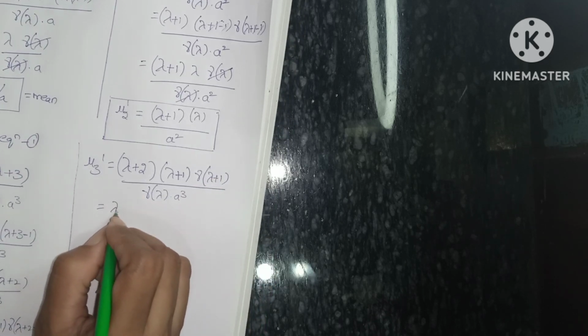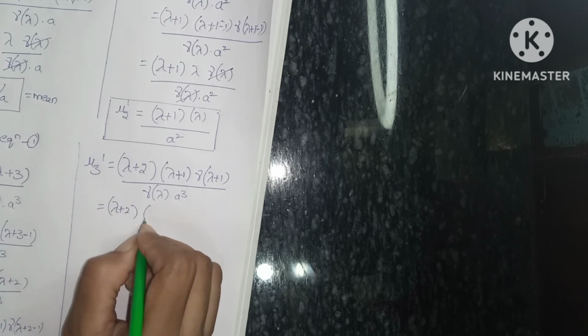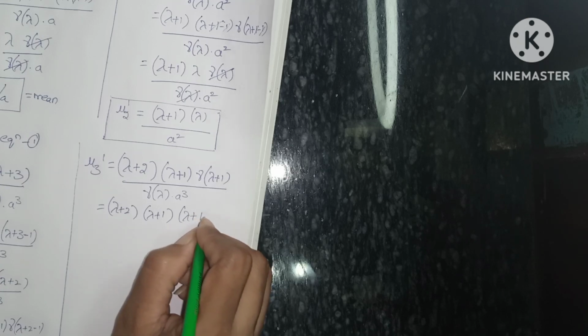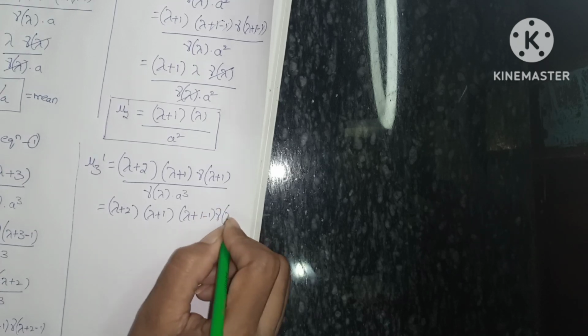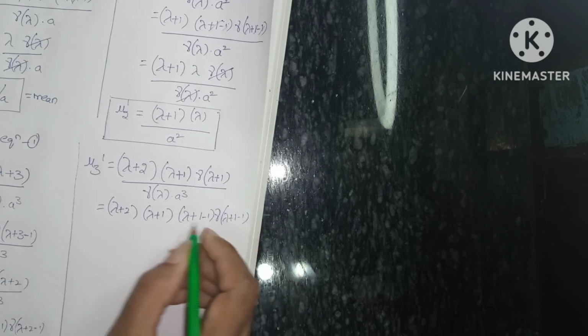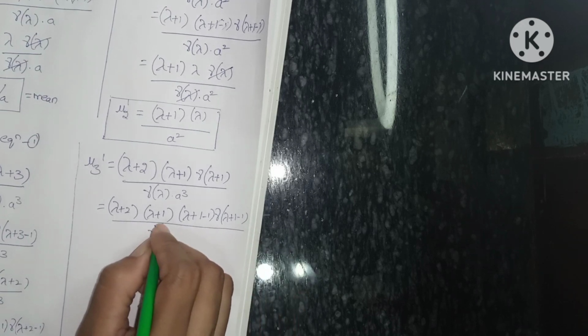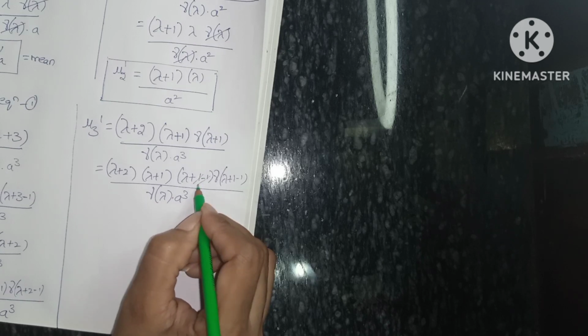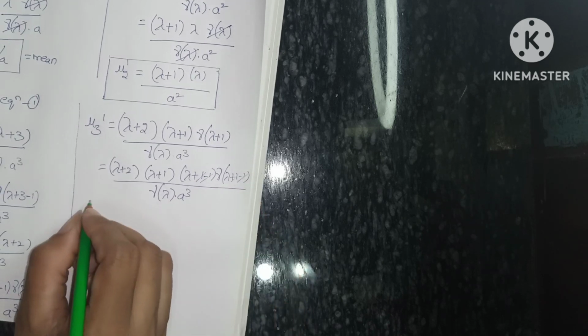So lambda plus 2 into lambda plus 1 into lambda plus 1 minus 1 into gamma of lambda plus 1 minus 1 by gamma of lambda into a cube. Plus 1 minus 1 gets cancelled.